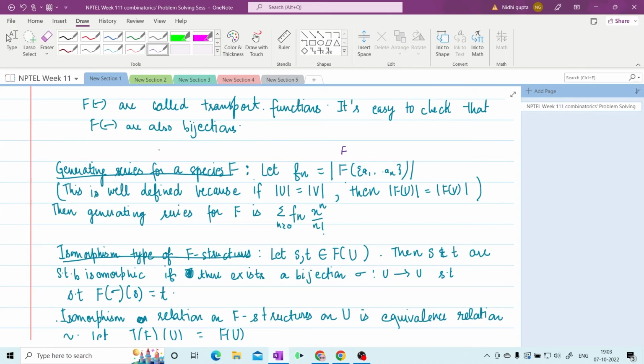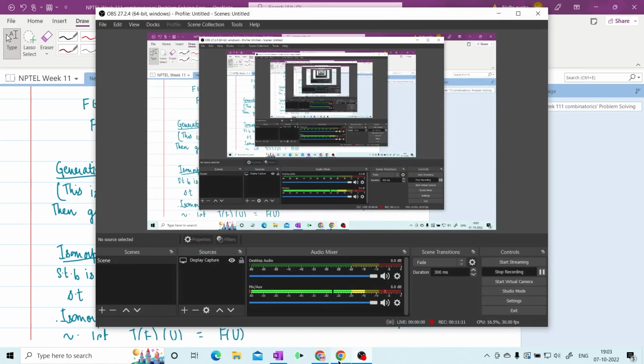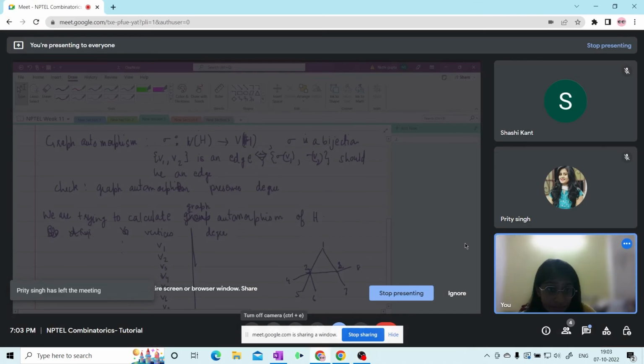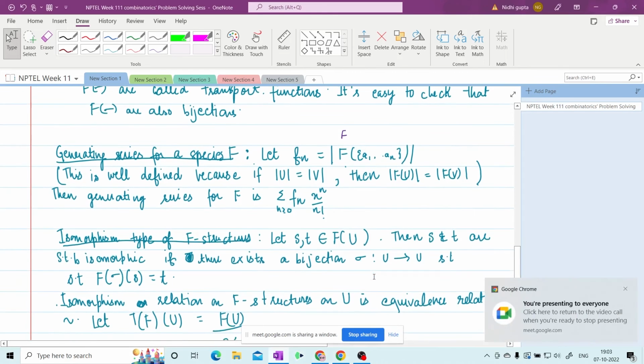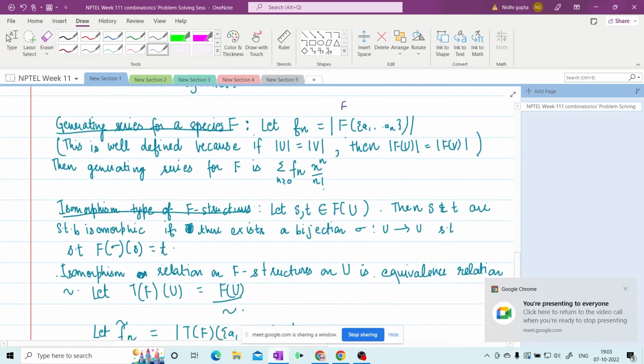So fn is the size of the set assigned to any n element ordered set, and the generating series of f is given by the sum of fn times x raised to the power n by n factorial. So what is the coefficient of x raised to the power n by n factorial? It is the number of f structures on a set of order n.